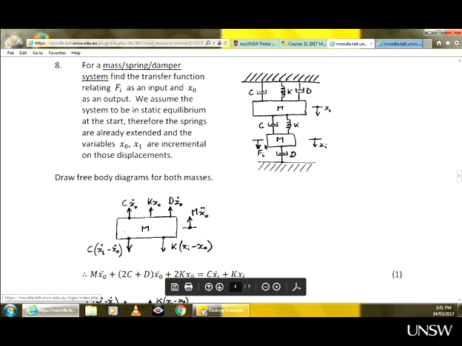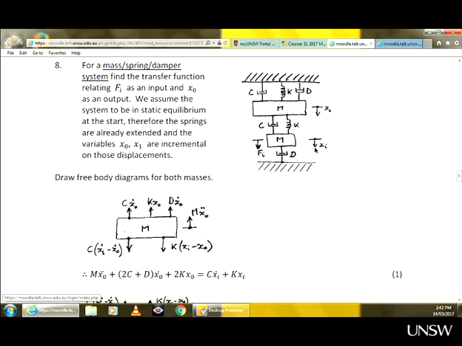Well, first of all, we decided that all forces and all displacements are positive downwards. So when you apply this force, this is how you initiate the process in this particular system. That's where the process starts. So applying the force Fi down, pulling this mass down, means that the first mass, this bottom mass, will move down as well.